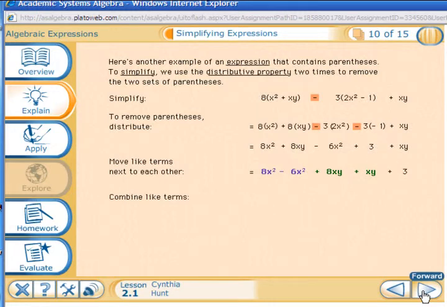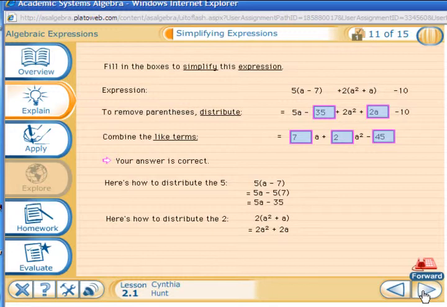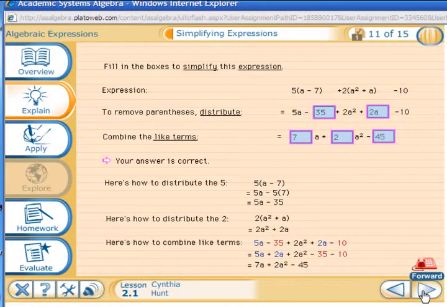Combine like terms. Your answer is correct. Here's how to distribute the 5. Here's how to distribute the 2. Here's how to combine like terms.